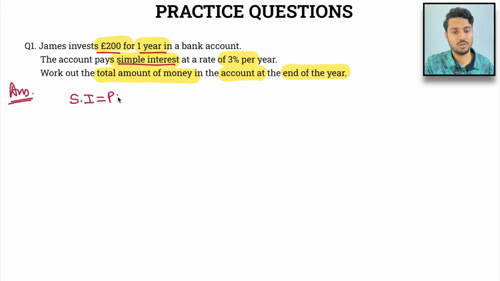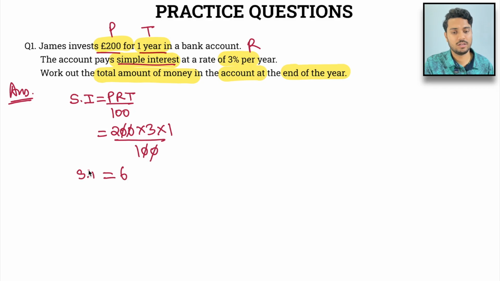Simple interest is going to be P into R into T upon 100. Our principal amount is 200. Time period is one year. Rate of interest is 3%. So 200 into 3 into 1 divided by 100. 0, 0 cancel out. So 2 into 3 is 6. So simple interest amount is 6.